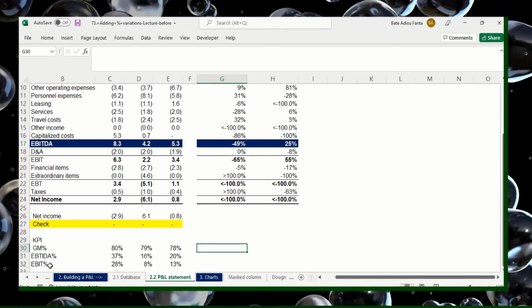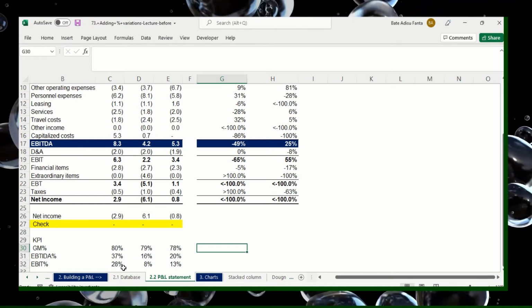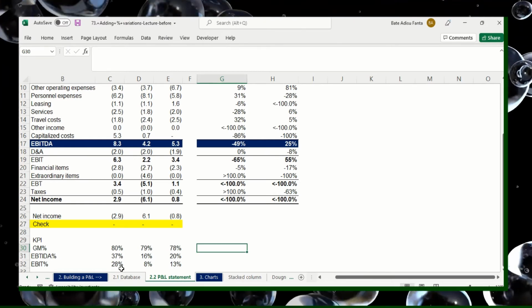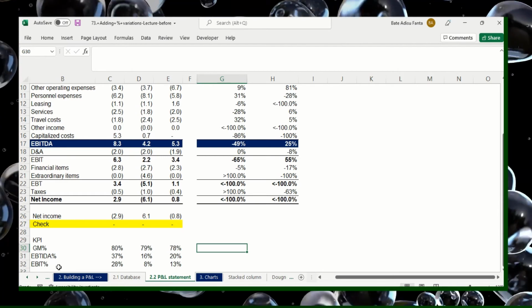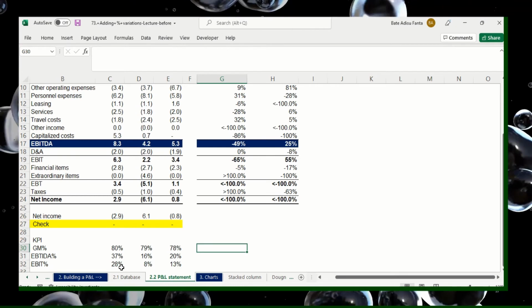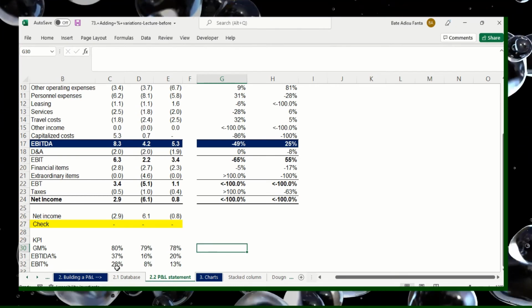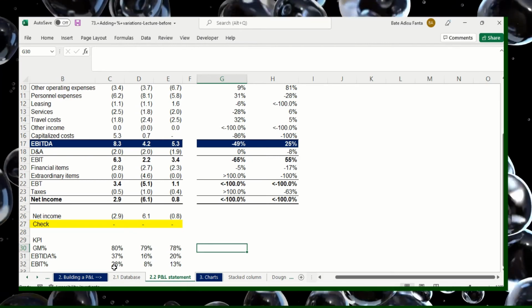And after paying depreciation and amortization, the company makes 28% profit to pay for its interest and tax. So again, from this 28%, the company is going to pay interest and tax.